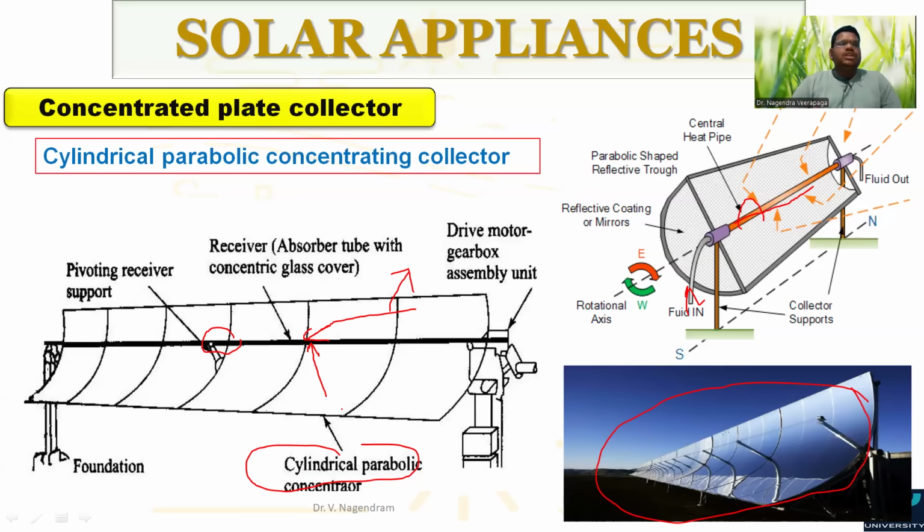Whatever solar radiation is received, these glass covers will reflect with a higher reflection rate, so it will increase the intensity, and that will be reflected onto this black body. It is basically a tube. One end will supply the cold water, and while the water moves, it will become hot and we get the hot water outside.